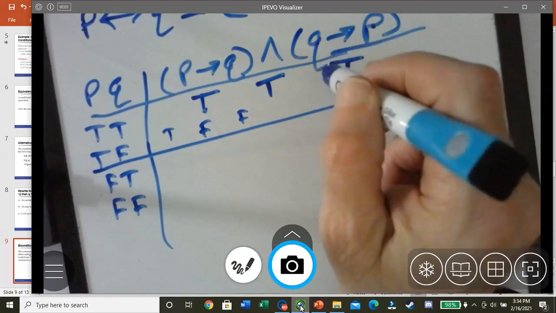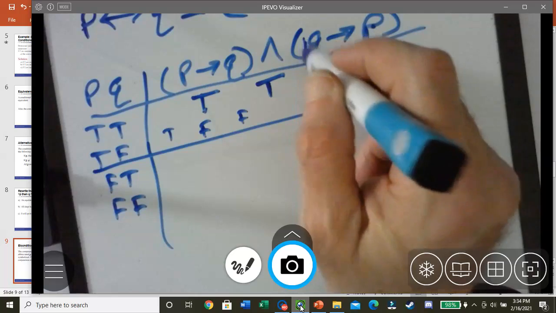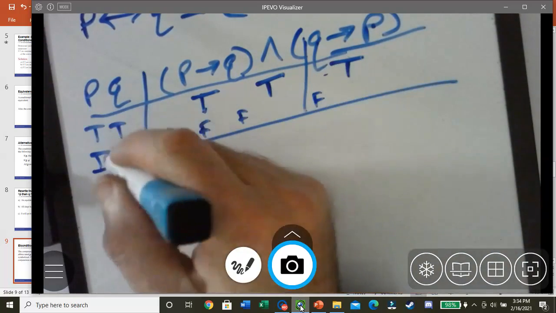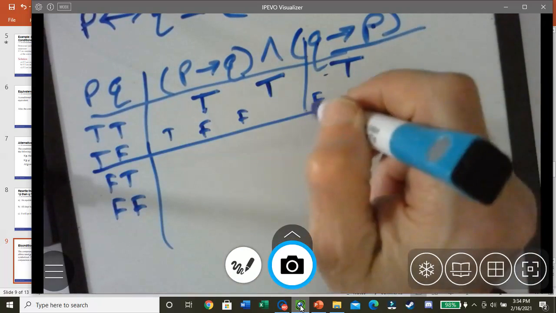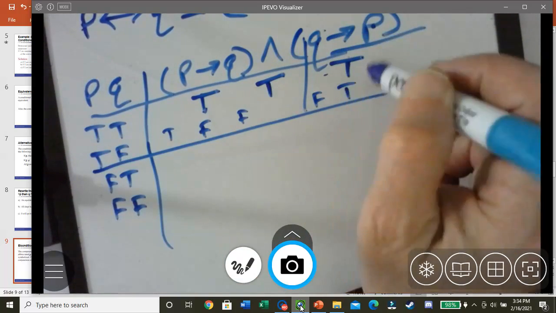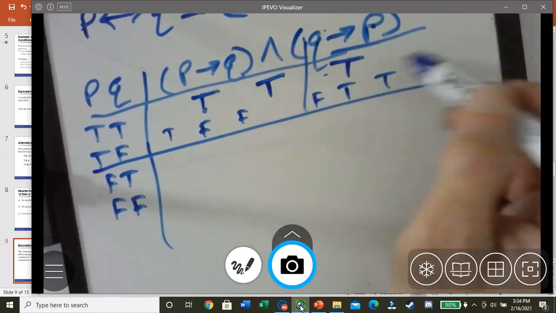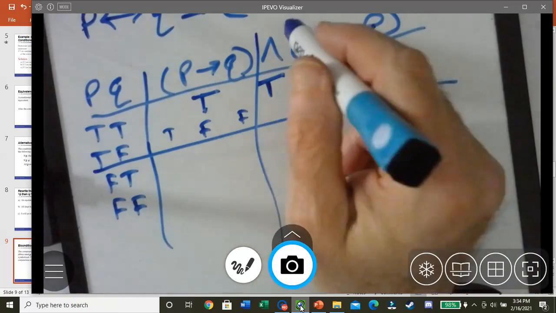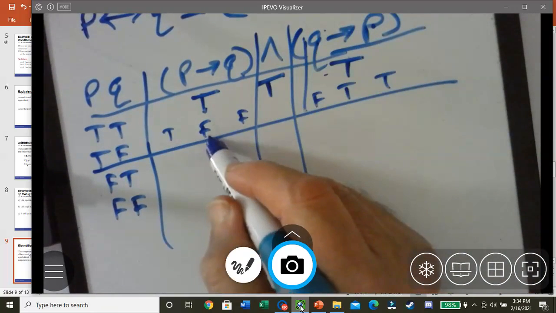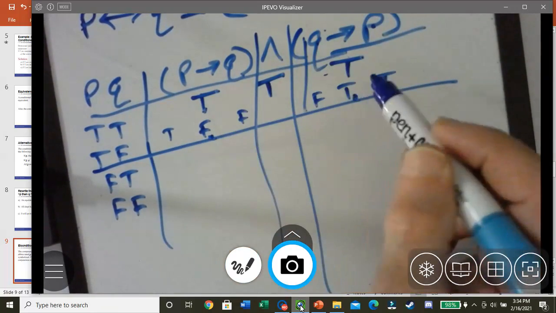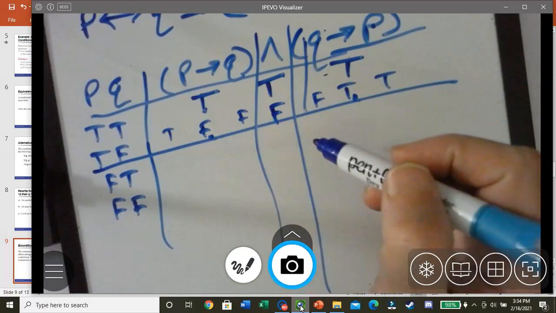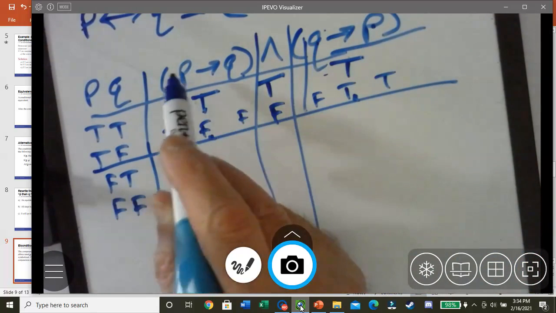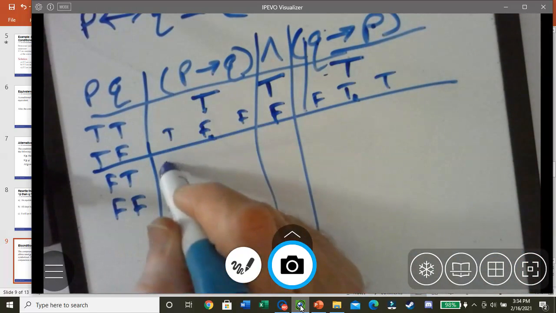And here we're saying Q is false, P is true. If false, then true is true, because the only one that's false is if true, then false. So we're saying here false and true is false. Okay. So P is false.